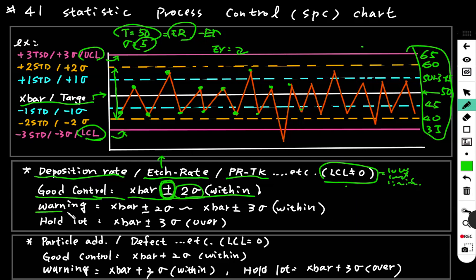And the warning point is X bar from 2 sigma to the 3 sigma area.